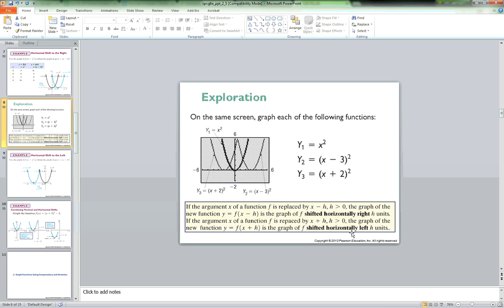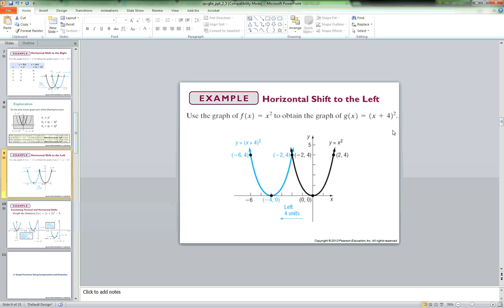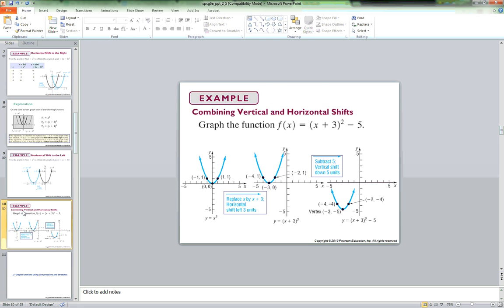And a horizontal left shift, we replace x with x plus h. And this works for all functions. So here's the example of the left. Just add this to your graph that we already have. X plus 4 moves it 4 units to the left. All right, we can combine both shifts.